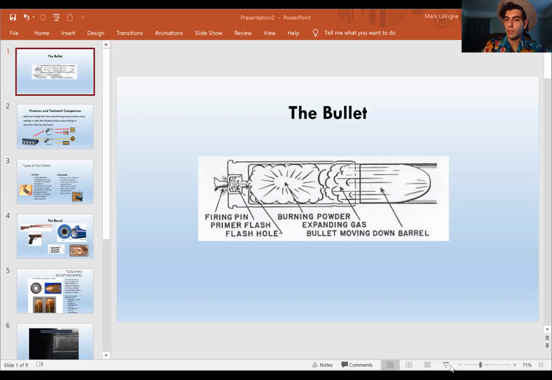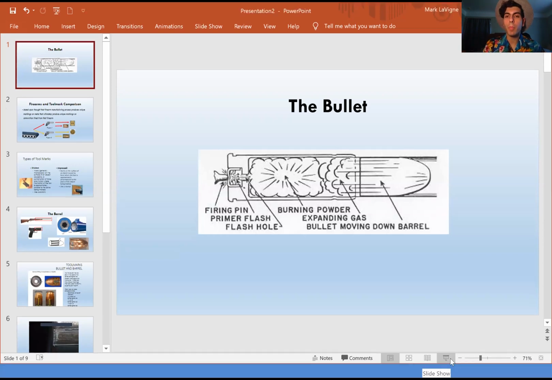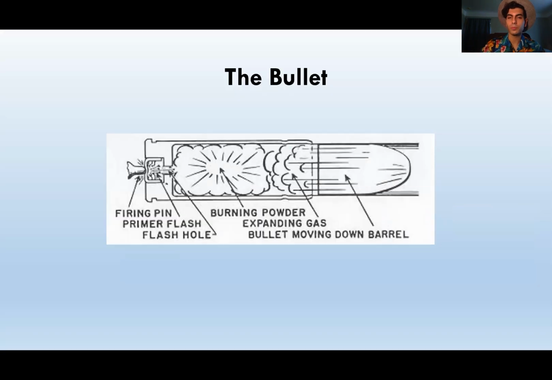So, firearms analysis. What exactly is going on when a bullet is launched out of a firearm? Well, a bullet is launched out of a firearm because of a chemical reaction that is happening within the barrel of the firearm. So think of it like right here, if the bullet is getting loaded right here.